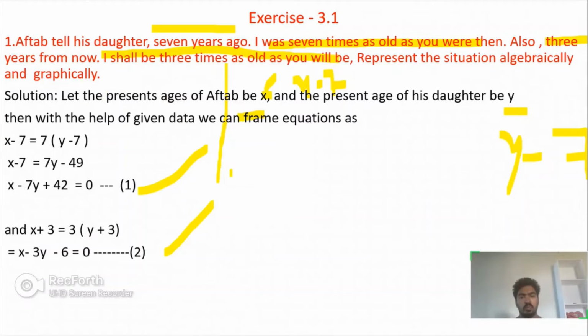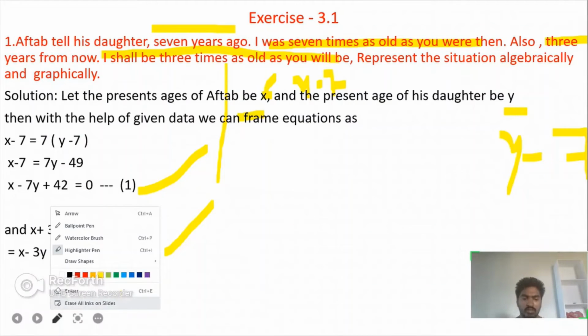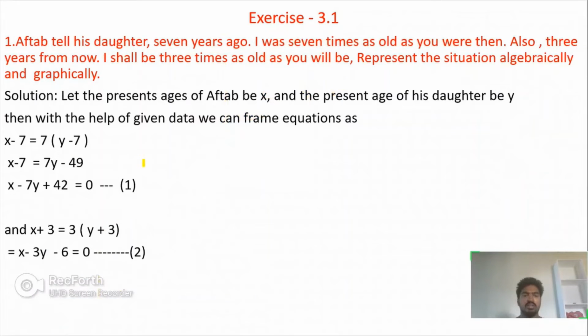So this is the algebraic representation of these two situations, and if you want to represent the situation graphically, then we need points. A point is nothing but the coordinates of x and y. So with the help of these two equations, I want to find the required points in order to plot the two equations in a single graph.